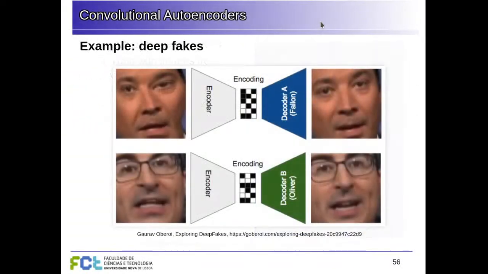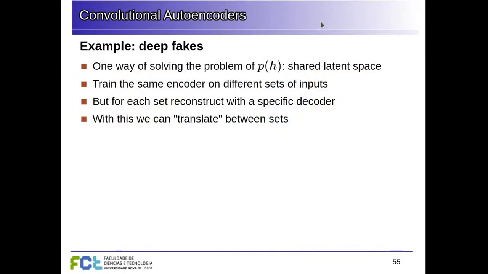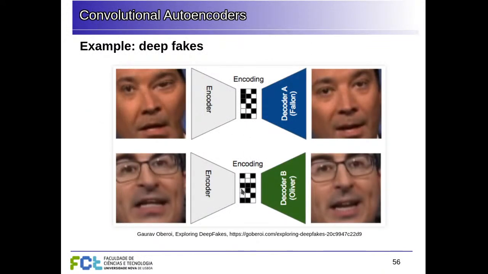So in this case, what we do is we use a shared encoding. We use the same encoder to encode images, for example, from these different people, Jimmy Fallon and John Oliver. For Jimmy Fallon, we use this encoder, and for John Oliver, we use the same encoder.